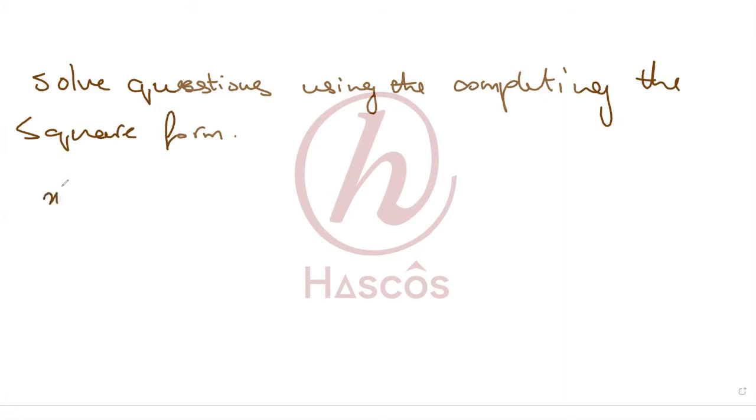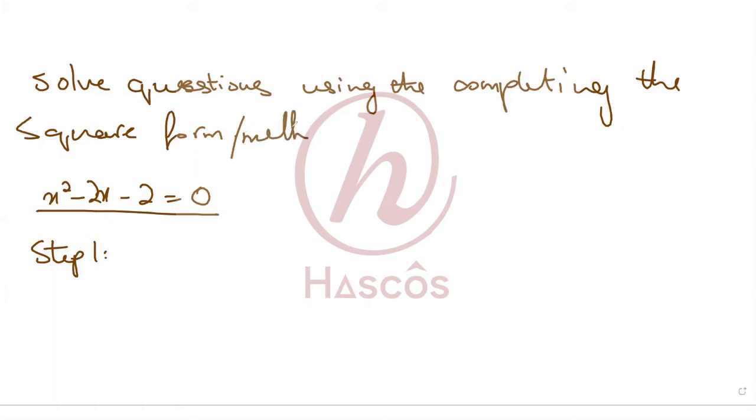So we have an example which is x squared minus 2x minus 2 equals 0. Now step number 1 to solve such a quadratic equation using the completing the square form or method is that you take the constant on the other side.